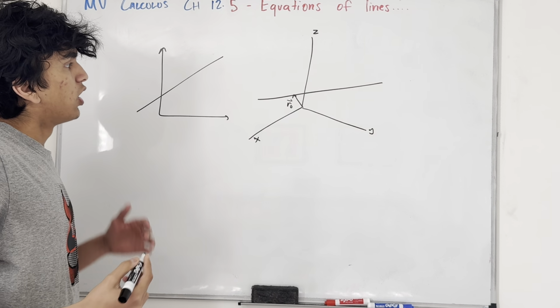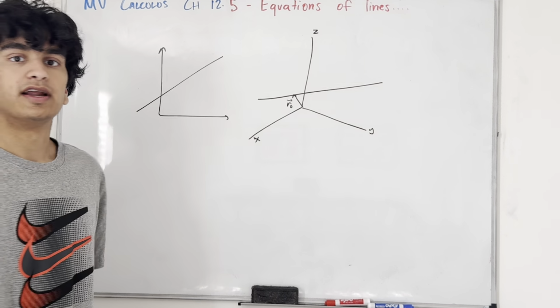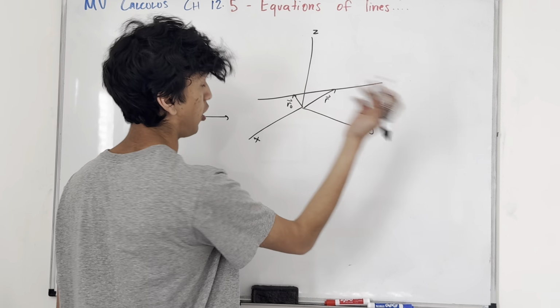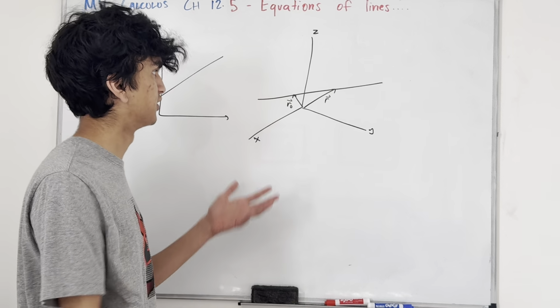Along this line, the line is going to be parallel to some vector. This is how we define its direction. Let's say for another point right here, we have r at a certain time t.